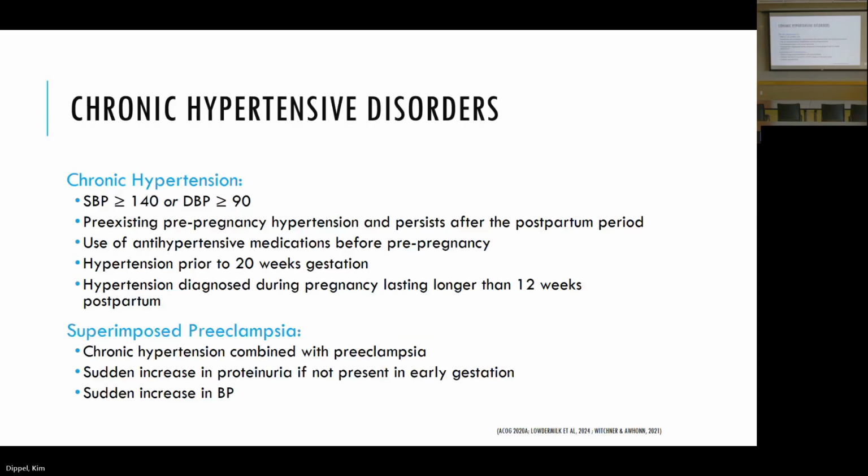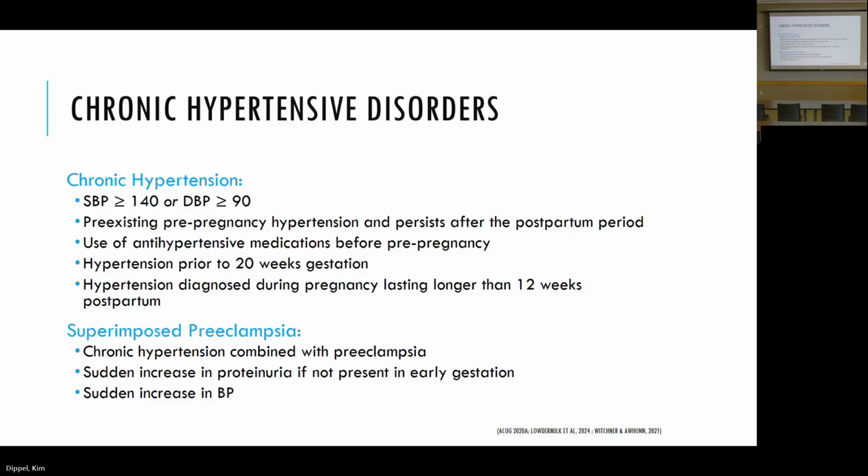And then we have chronic hypertensive disorders. We covered the criteria there, where the blood pressure is greater than or equal to 140 systolic and diastolic greater than or equal to 90. Existing pre-pregnancy hypertension persists after the postpartum period, and usually they're on some type of antihypertensive medications before pregnancy.